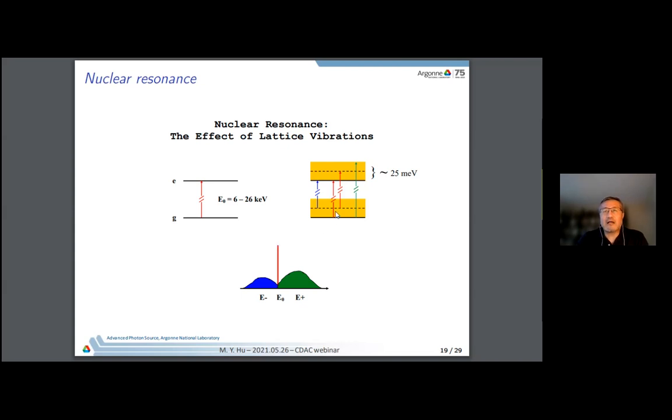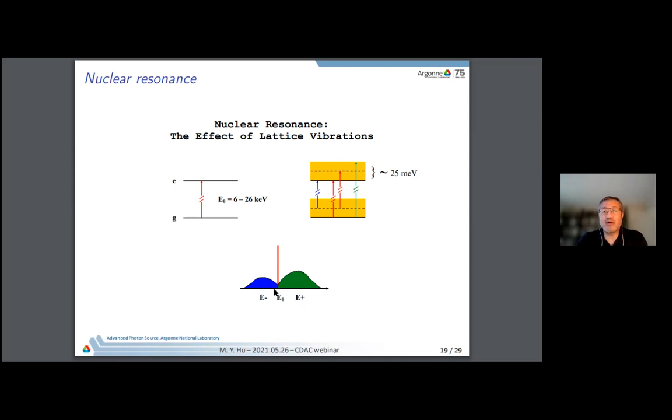But you can also, for example, the blue lines, take energy from the phonon system and add it to the incoming energy. What it means is you annihilate a phonon and still excite the nucleus, so you still have signal. So these are the energy scans.